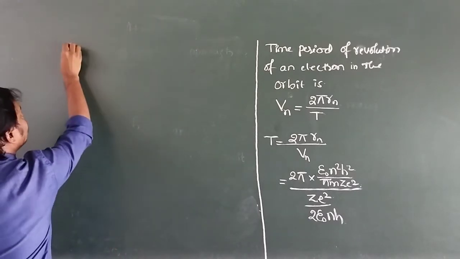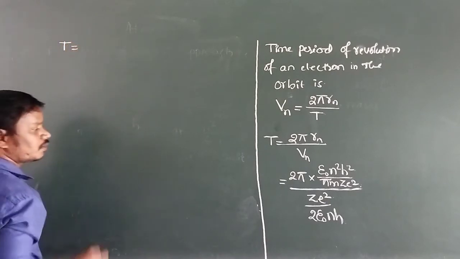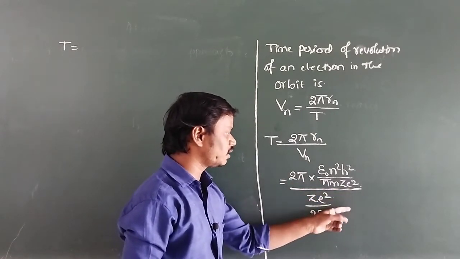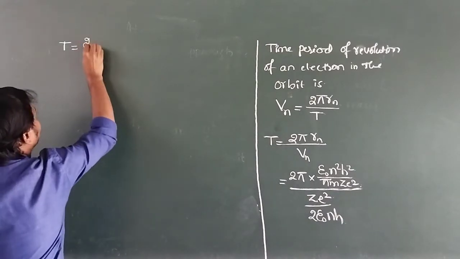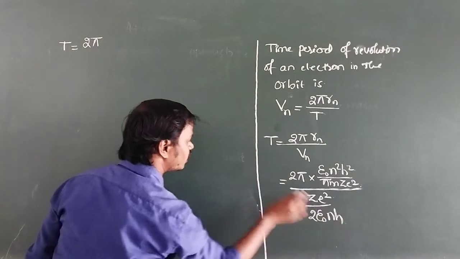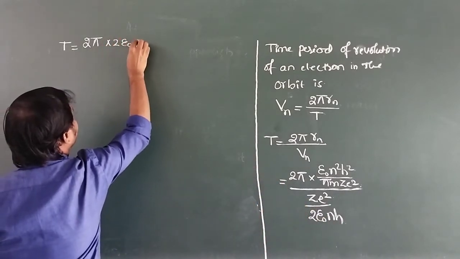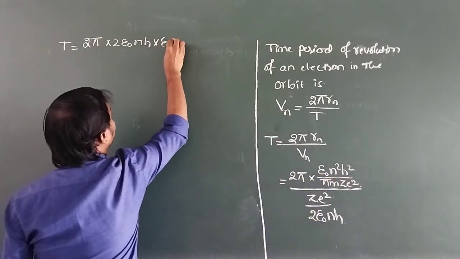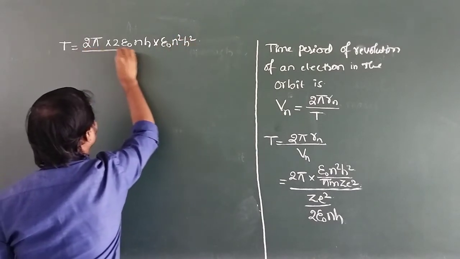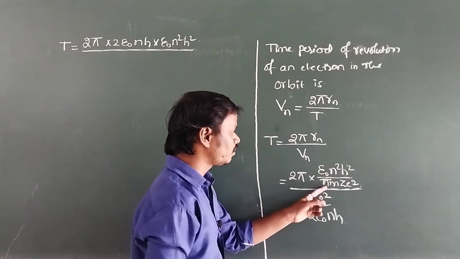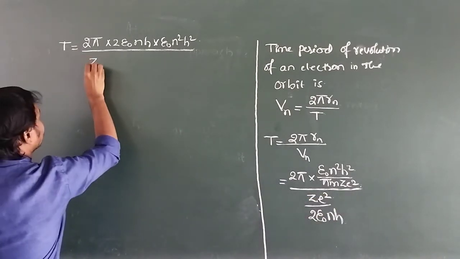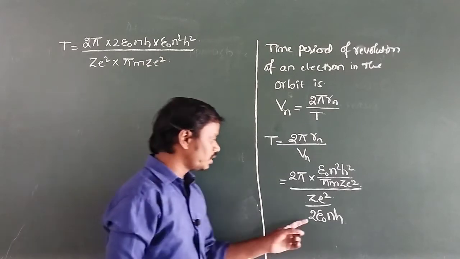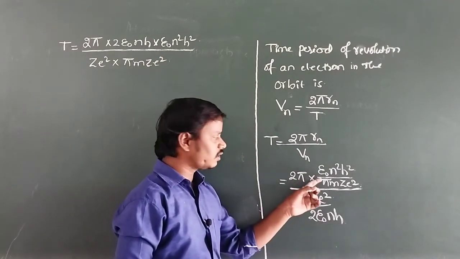Now see here, T is equal to 2 pi into epsilon naught n square into h square divided by pi m z square, and 2 epsilon naught n into h comes to the numerator, while z square comes to the denominator along with pi m z square.